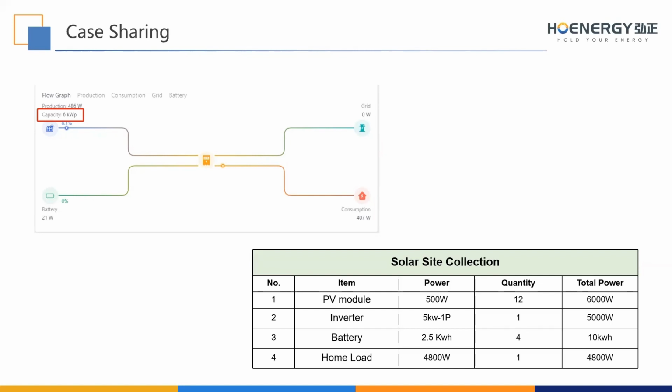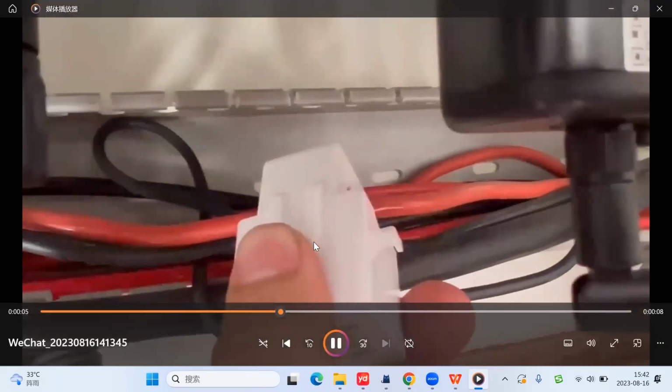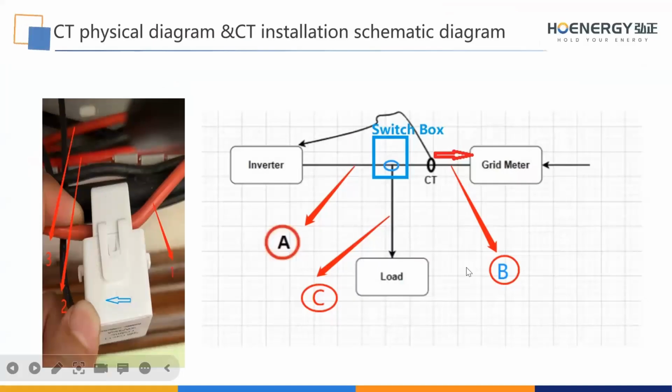You can see that the grid power is 0, so he contacted me, and we figured out what the problem was. I asked our customer to take a video for us. Let's check the CT the customer installed here with a single phase. As we mentioned, the CT should be installed near the grid meter.